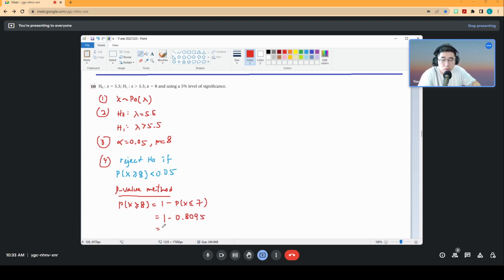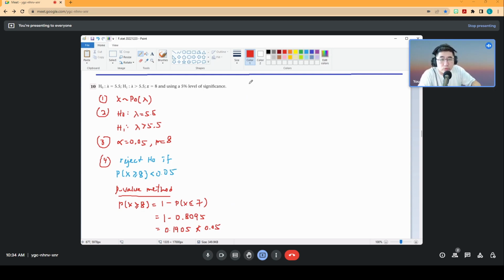Okay, so what do I get then? 1 minus 0.8095. So it will be 0.1905. Of course, this is not lesser than 0.05. Okay, so do not reject H0.